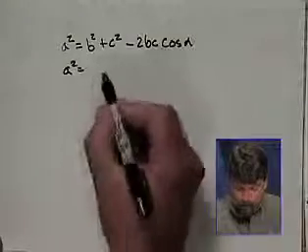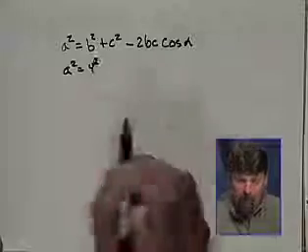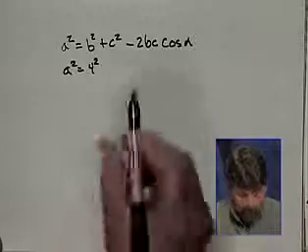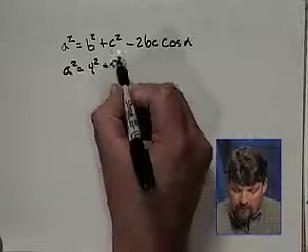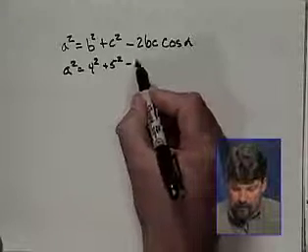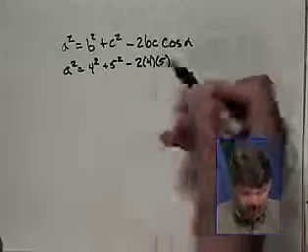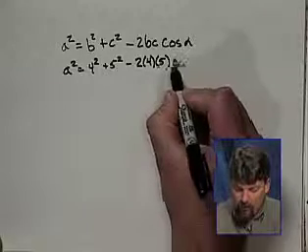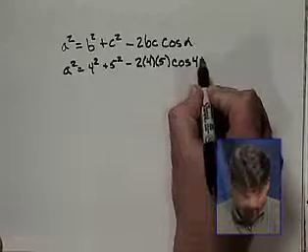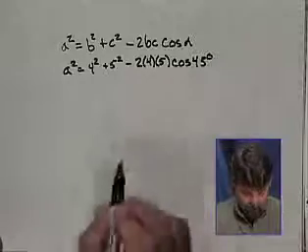B squared is 4 squared, B is 4, so I'll replace b with 4. C was given as 5, so we have 5 squared. So we have minus 2 times 4 times 5. And alpha was given, it's 43 degrees, so we have cosine of 43 degrees.